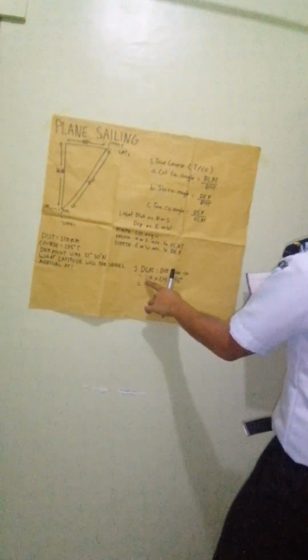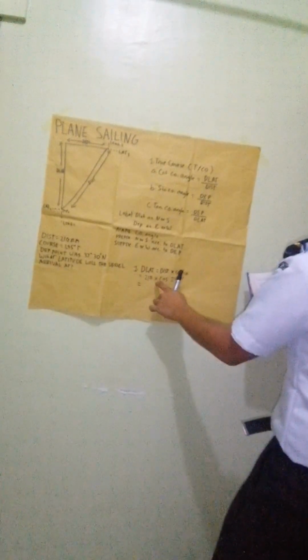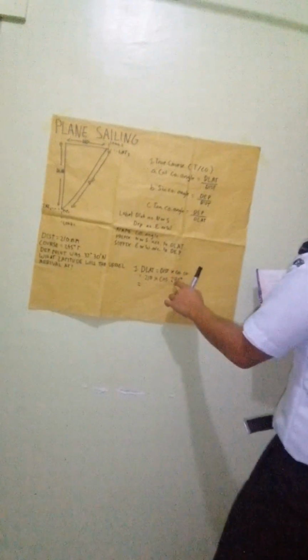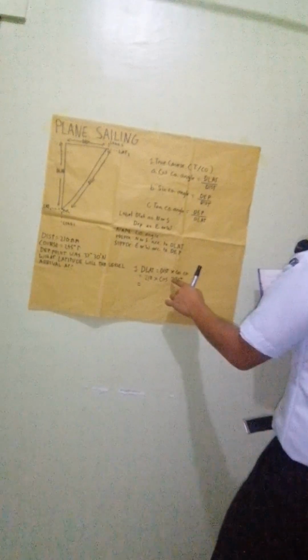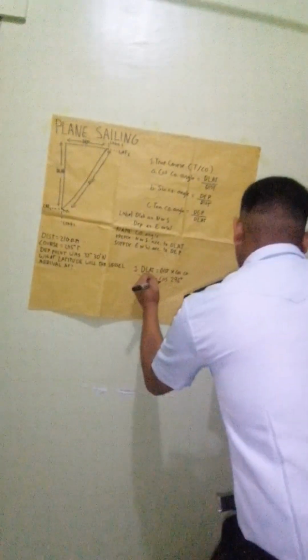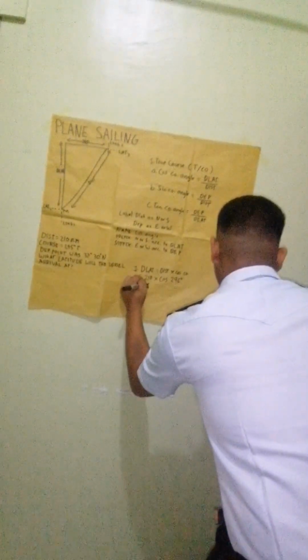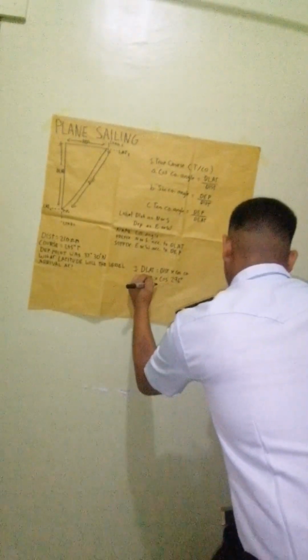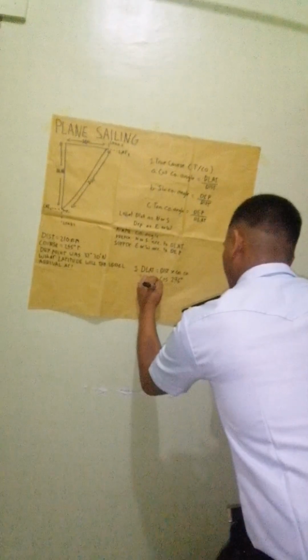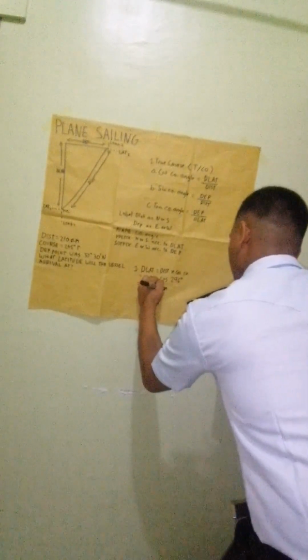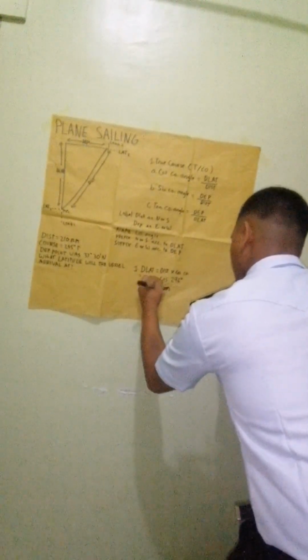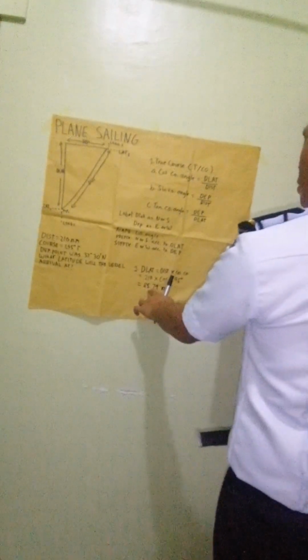You must times the 210 nautical miles times cosine course, or cos 295 degrees, and this is the answer: 88.74 nautical miles.